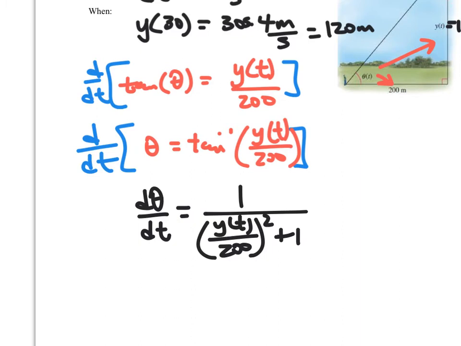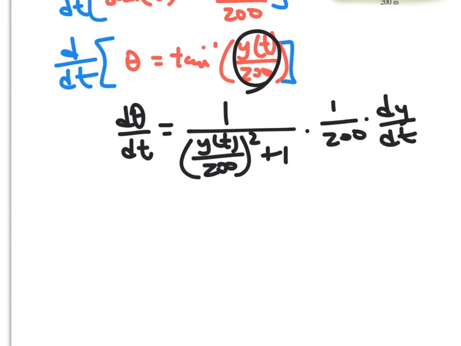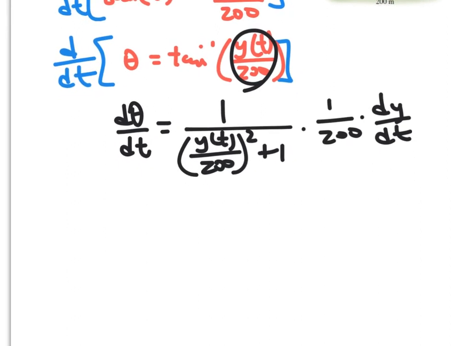But don't forget we have a chain rule involved, so we're going to multiply by the derivative of the inside here, which would be 1 over 200. And we also want to multiply that by dy/dt. All right, so that's what chain rule would be. Chain rule comes into play there, and now we go ahead and evaluate what we know.